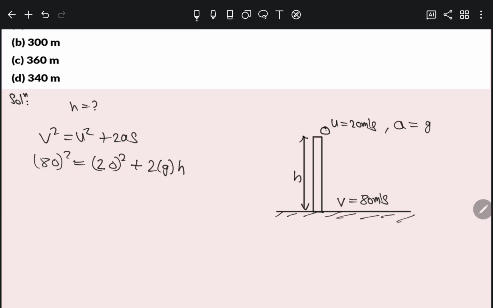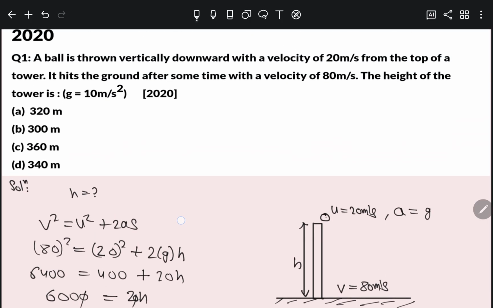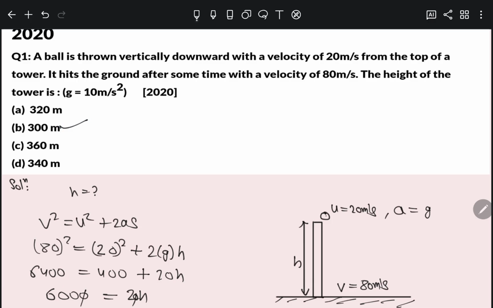So 80 square means 6400 is equal to 400 plus 2 into 10, g value is 10, so that is 20h. So 6000 is equal to 20h. The 10 and 10 cancel, so h is 300 meter. Option B is correct.